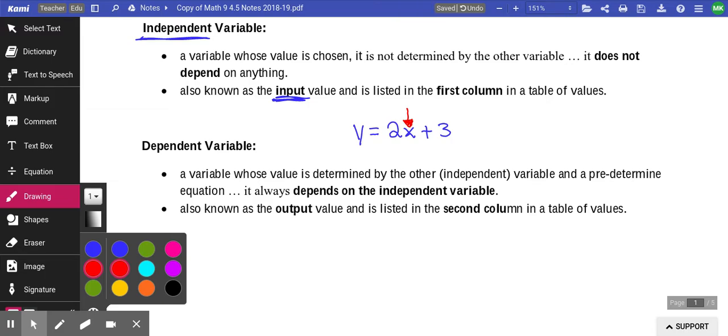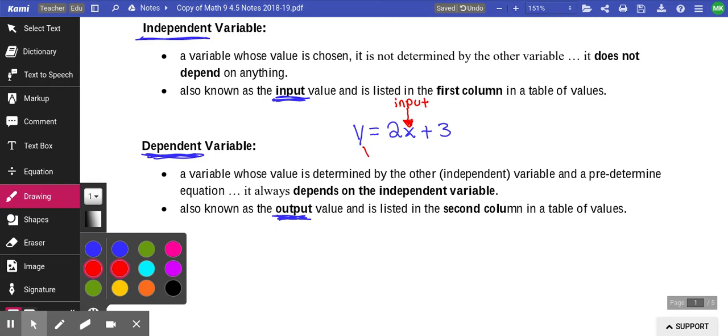The one with all the numbers around it. We call our independent or our input. The other variable, the one that's by itself, we call that the dependent variable. I often refer to it as the output.